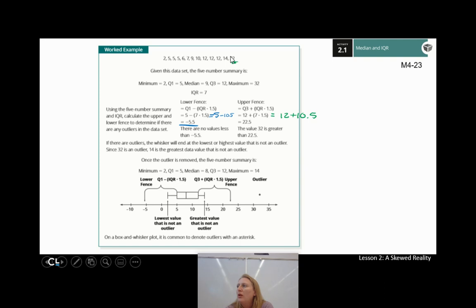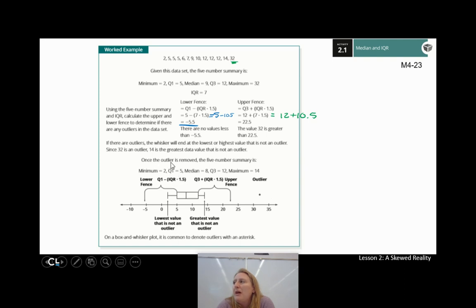So I'm now going to make my whisker end at 14. But I don't want to totally ignore the fact that there's an outlier, so I'm going to put a little star to mark my outlier.